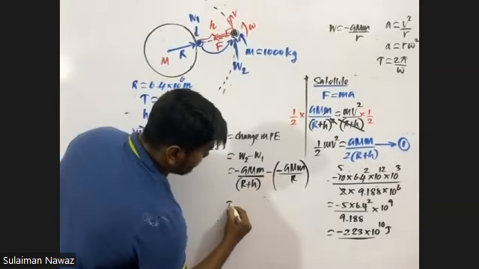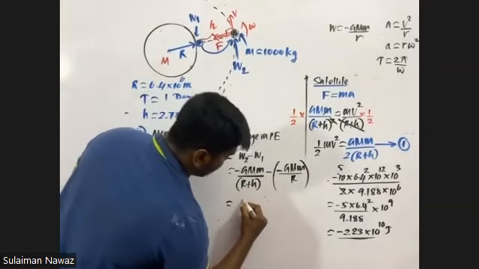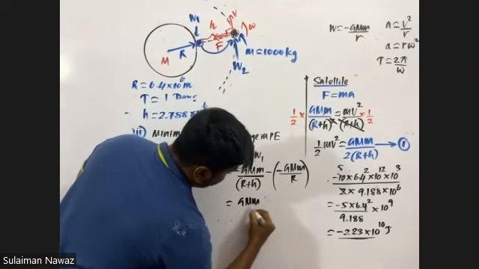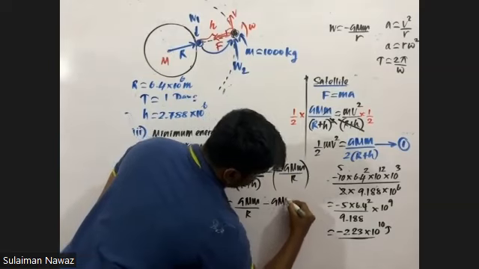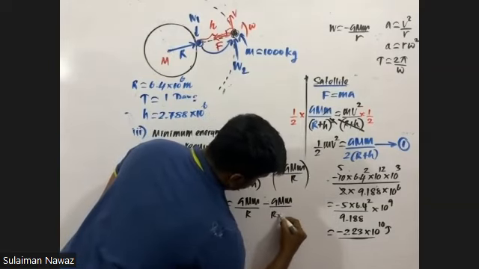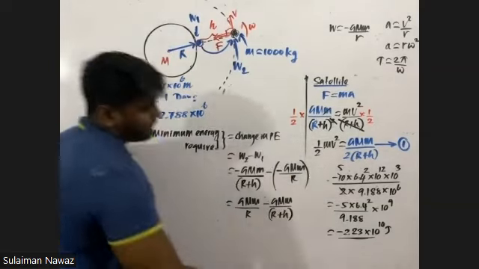I bring this term to the front: GMm over R minus GMm over R plus h.